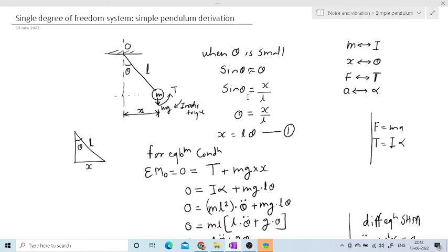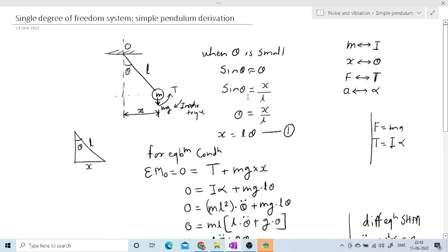If theta is small, then we can write sin theta is equal to theta. We have taken the sine from that triangle, so sine will be opposite divided by hypotenuse, so it is x by L, and we get the relation between x and theta, that is x is equal to L theta.